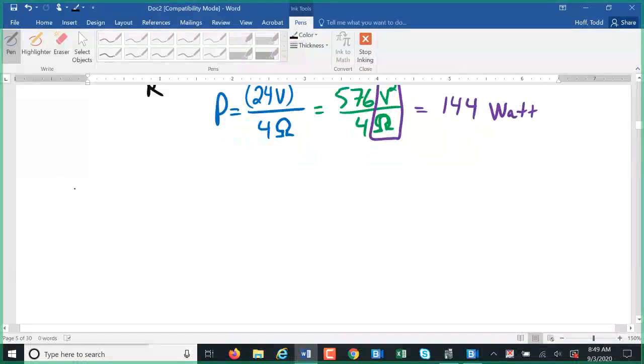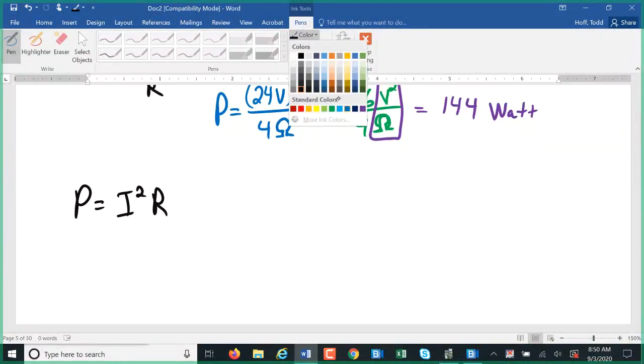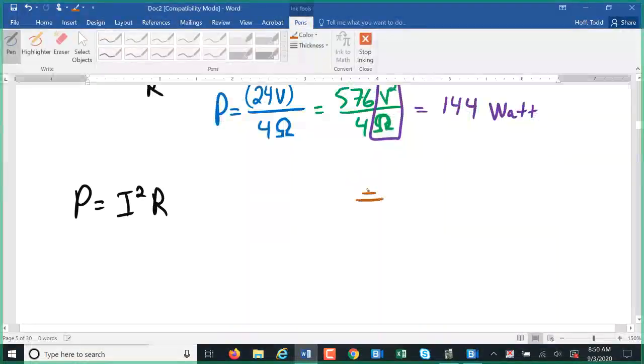An alternative version of power is power can be listed as current squared times resistance. So if I have a circuit here, I'm going to change up my resistance now.